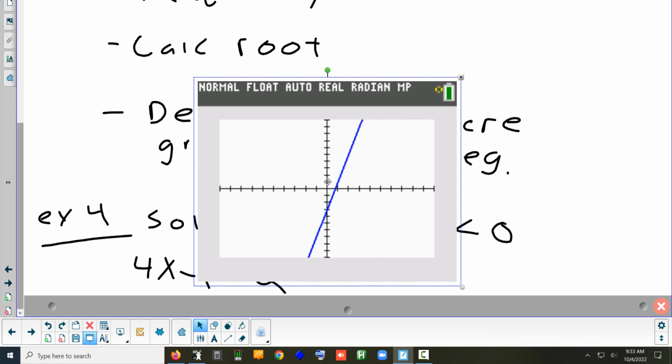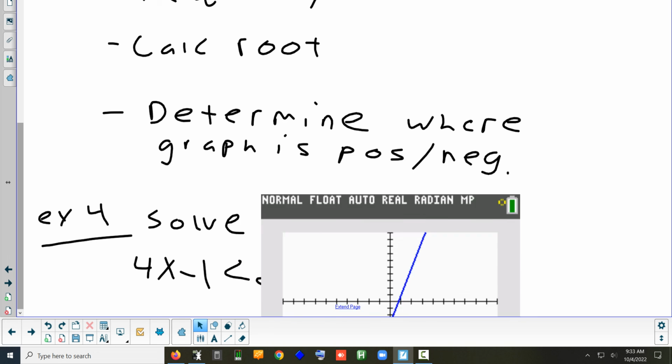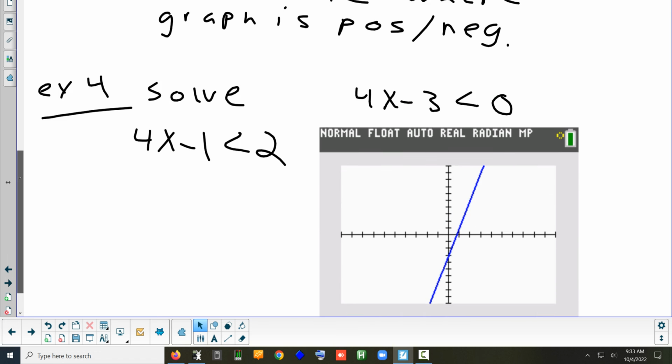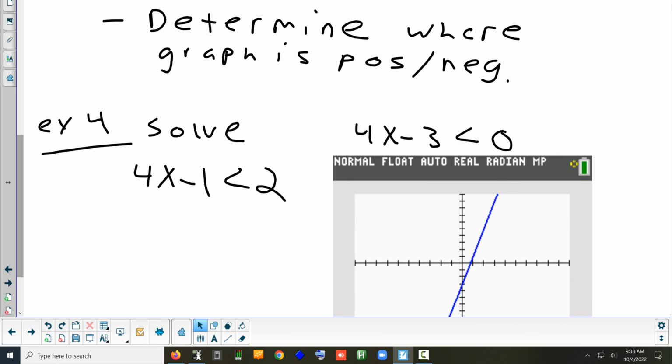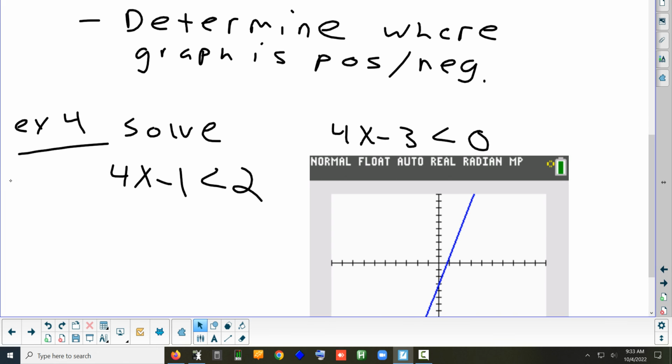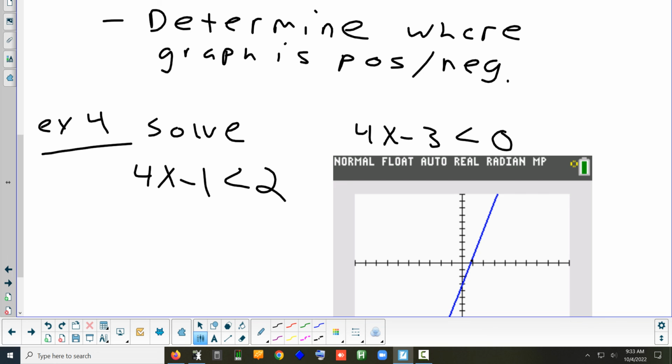Okay. So when I graph it, I can see that there is a section of this line that is above the axis and a section of this line that is below the axis. Right here is my 0.